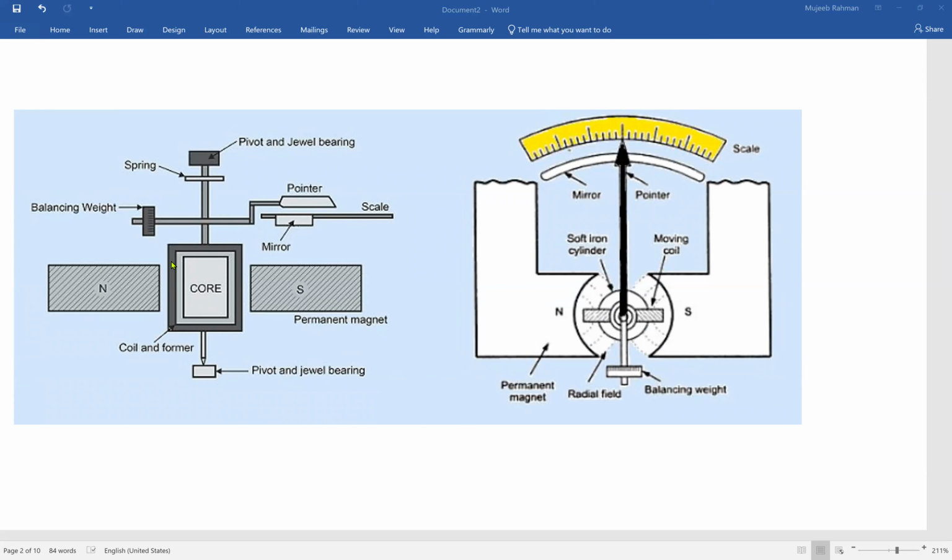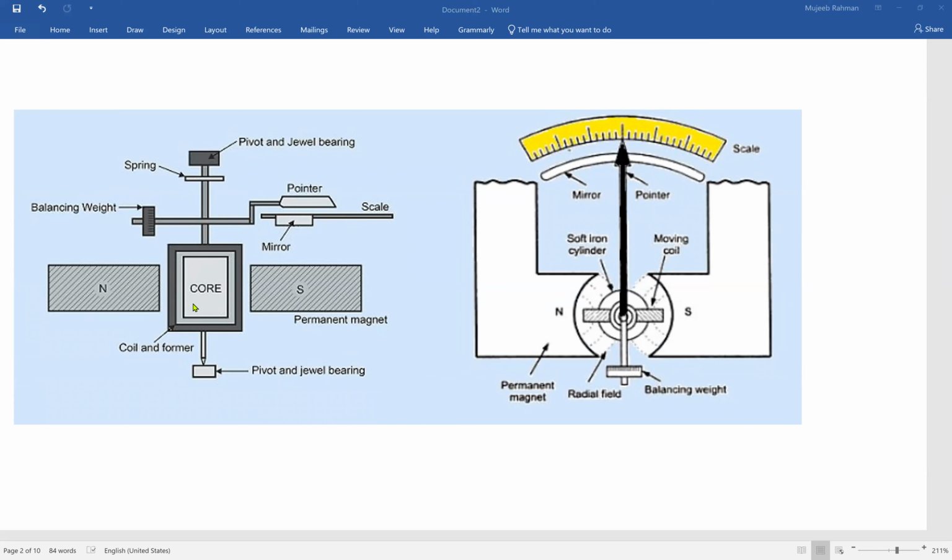When this tiny magnet is situated in the strong magnetic field produced by the permanent magnet, a mechanical force is experienced. According to the motor law, when a current carrying conductor is placed in a magnetic field, it experiences a force.